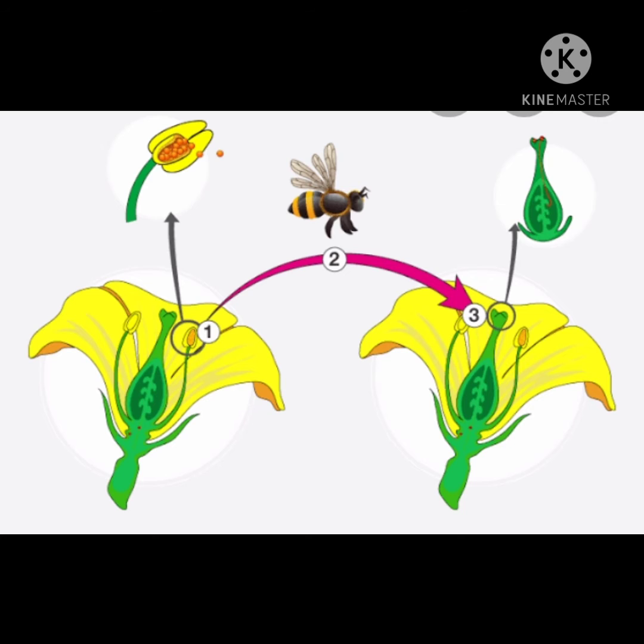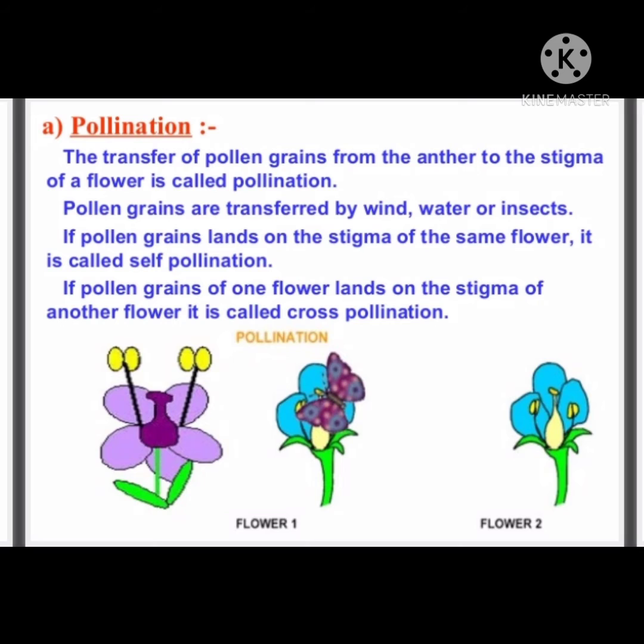Okay. Based on the type of transfer, pollination can be classified into two: self-pollination and cross-pollination. If the pollen, the male gamete, lands on the stigma of the same flower, then it is called self-pollination.